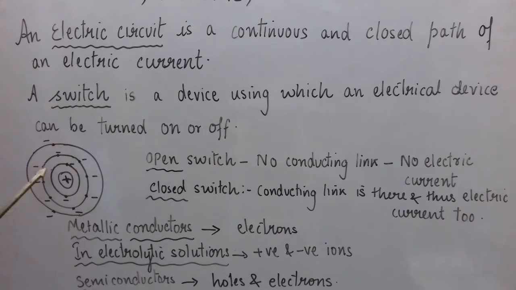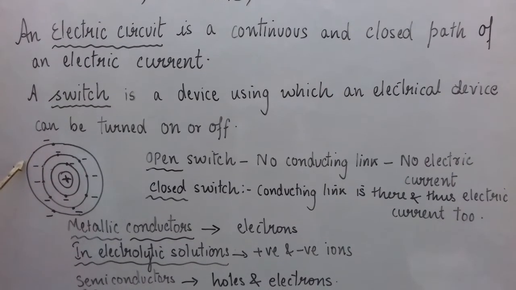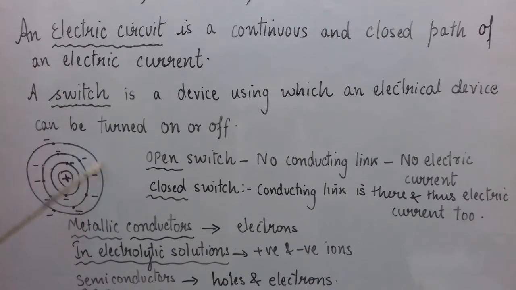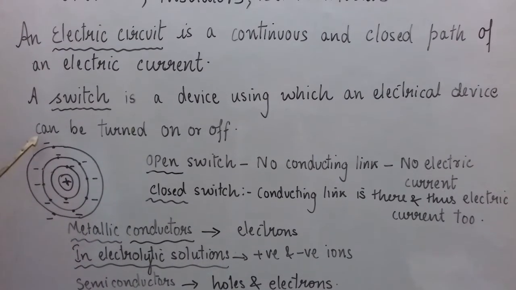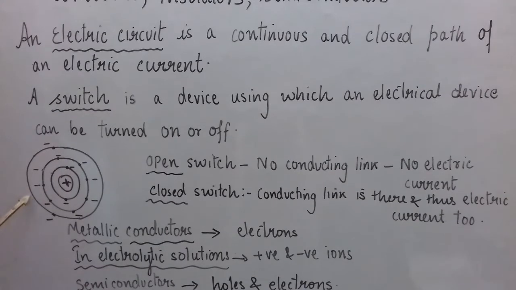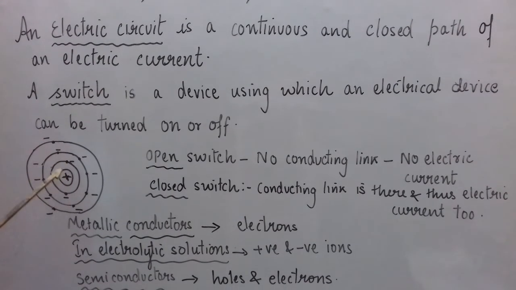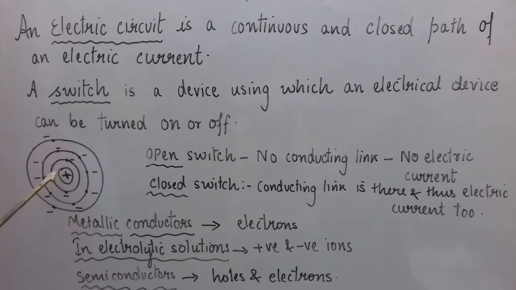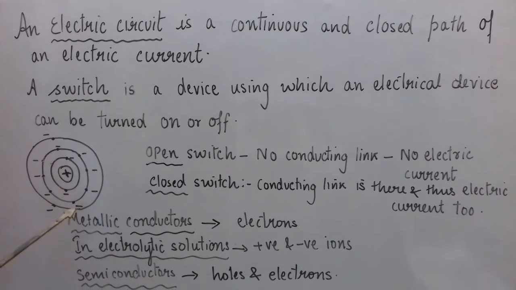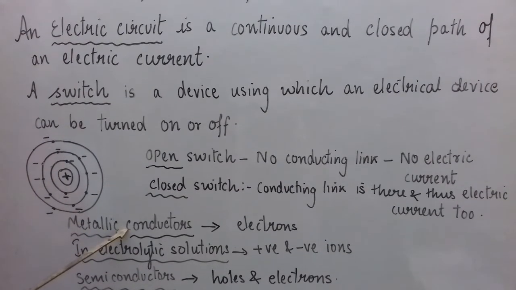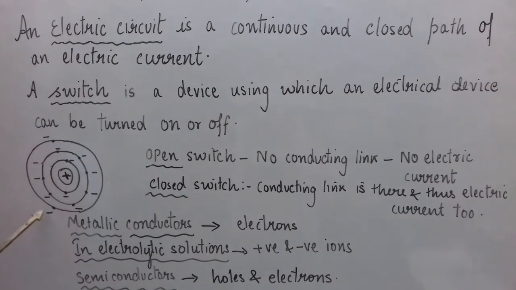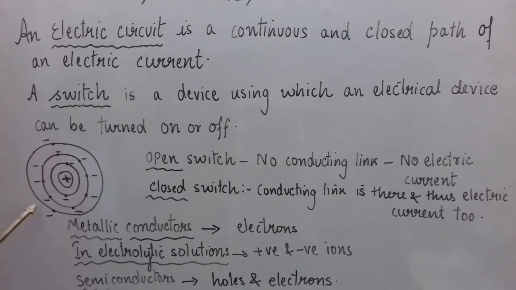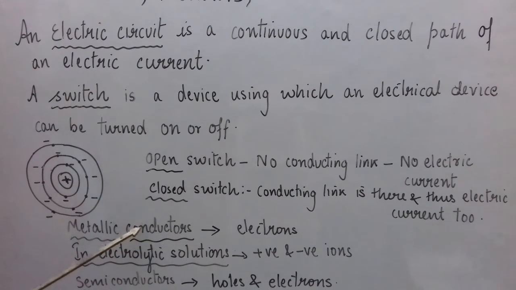It means if any charge has to leave the atom, it will be the electrons present in the outermost orbit, as they are less tightly bound to the nucleus compared to the other electrons. And protons are positively charged, tightly bound by the strong nuclear force inside the nuclei. So remember, in metallic conductors, the electrons present in the outermost orbit, generally we use the term free electrons.